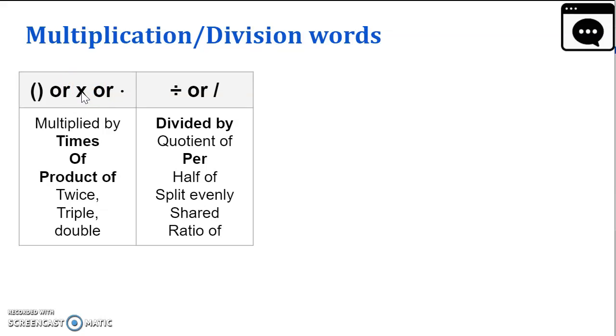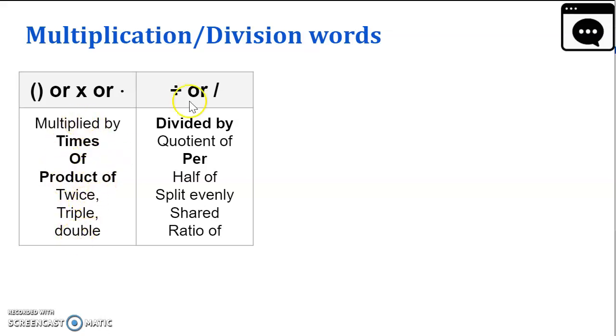When you see X as a multiplication and X as a variable, it gets really confusing. So I want you to stop using X as multiplication and start using the dot or parenthesis. Either is acceptable.